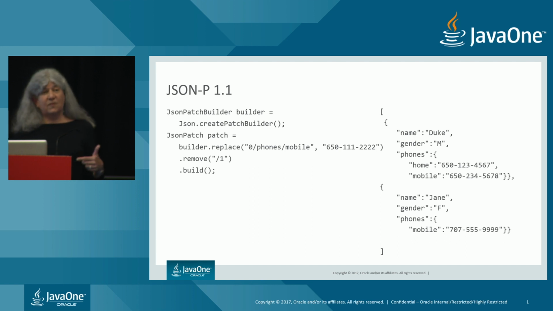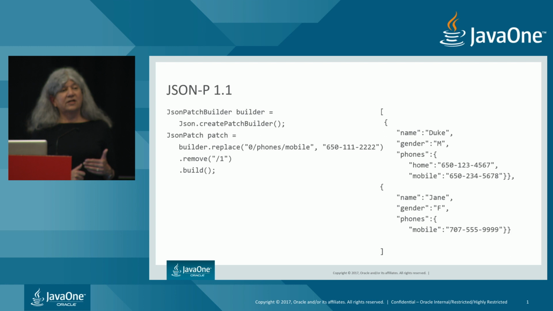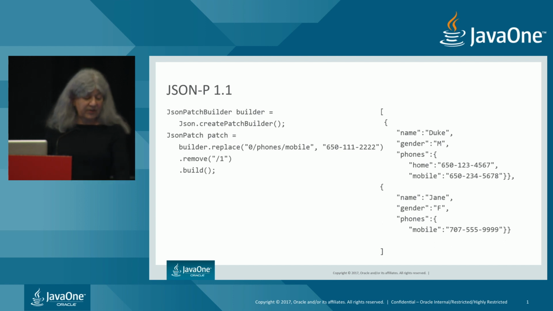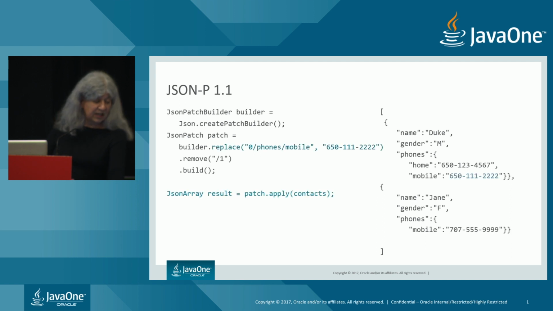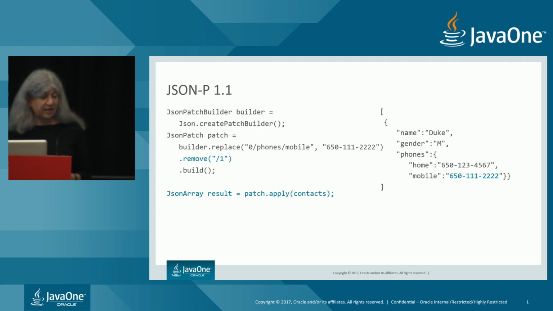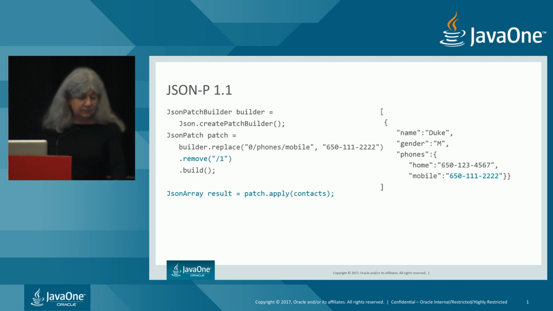Now, when you execute a patch, these operations are applied in sequence, so the subsequent operations of the patch can reference what was done in the previous operations of the patch, if that's what you want. So here we build the patch, and when we apply it, the first thing that happens is the transformation of the phone, and then the second thing that happens is the removal of the second element.